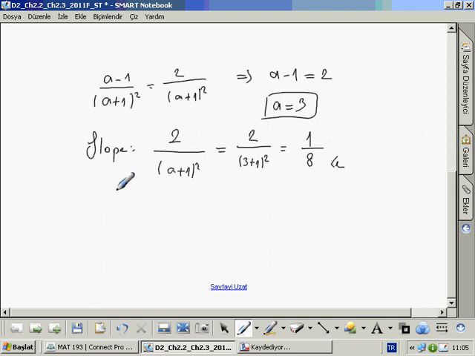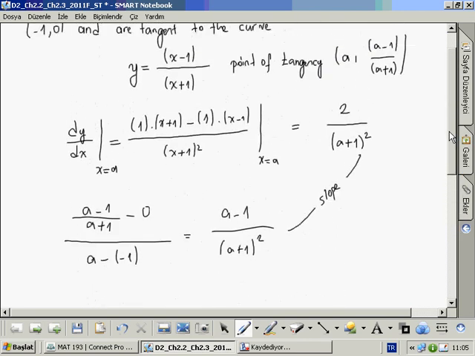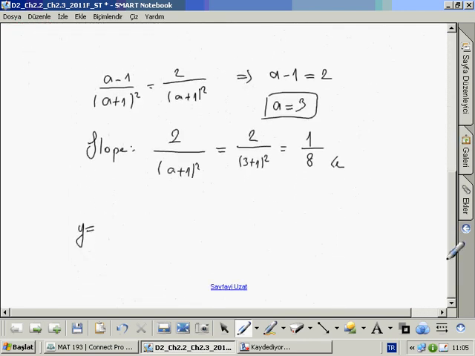The tangent line: y equals, where y0 is 0, so slope 1 over 8 times (x minus x0), which was minus 1, so it will be x plus 1, plus y0, which is 0.